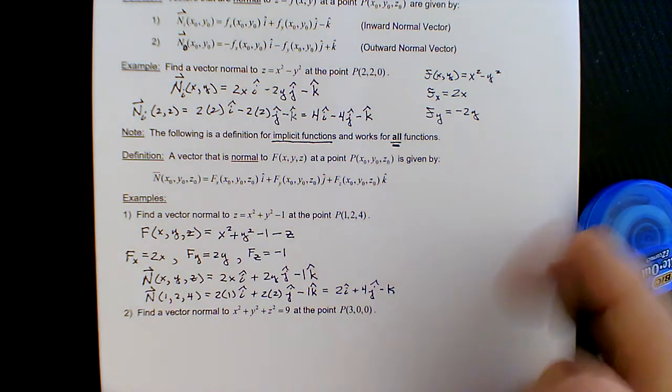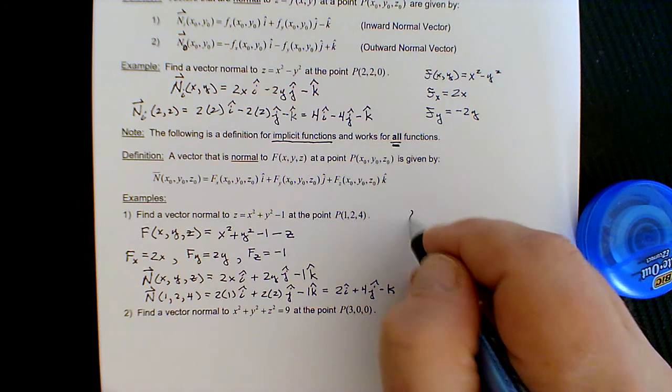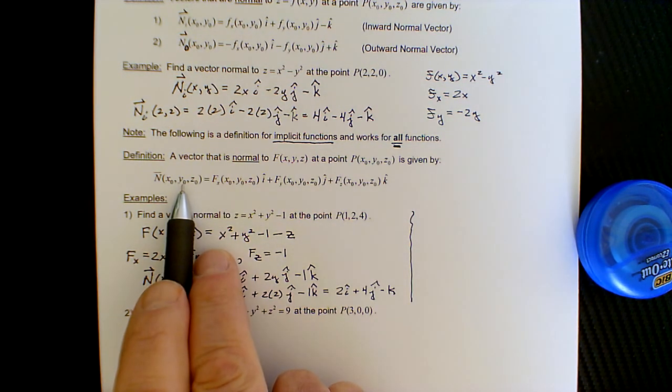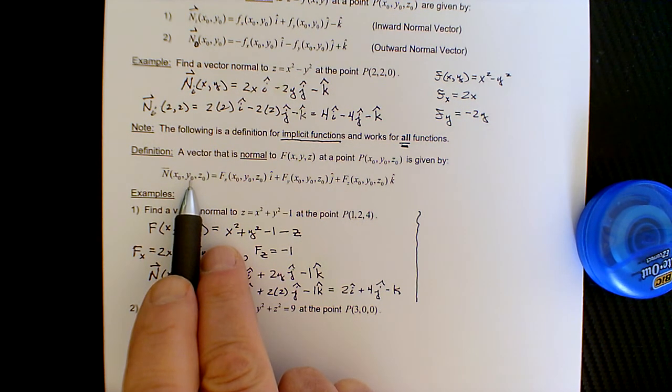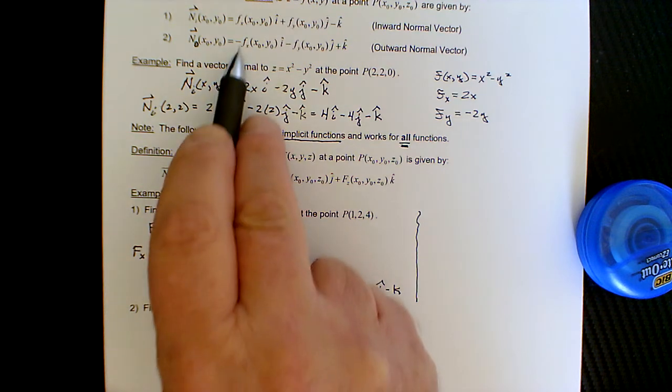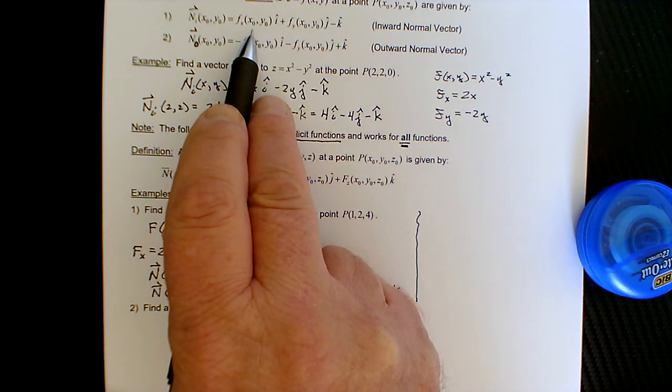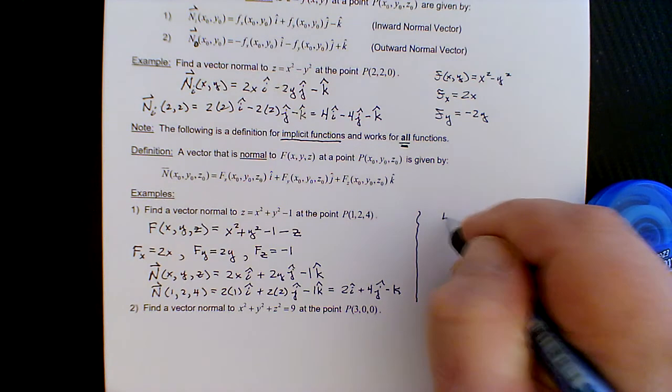And I just wanted to point out here that, again, this is going to be the best definition to use, the implicit form. But notice that the original form, the explicit form, works the same. So this is for the explicit.